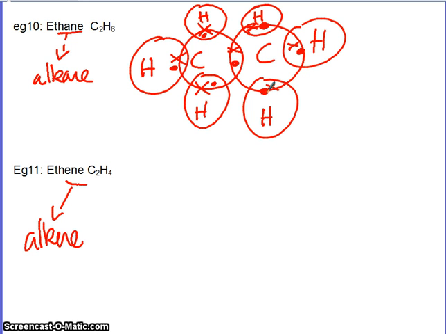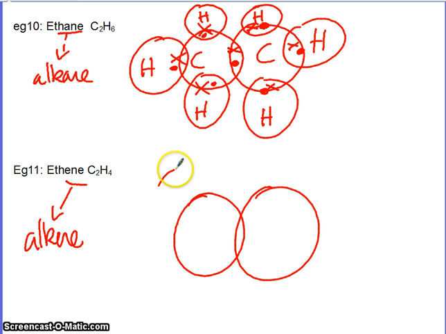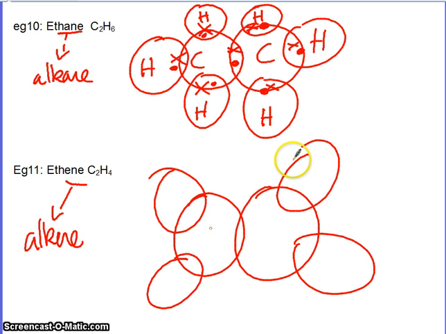Now ethene is slightly more complicated. You've got less hydrogens in there, and this all looks very complicated until I label it. I bonded initially 2 carbons together, and then I put my 4 hydrogens on. The hydrogens we know form 1 covalent bond, and actually hydrogen can only form 1 covalent bond.